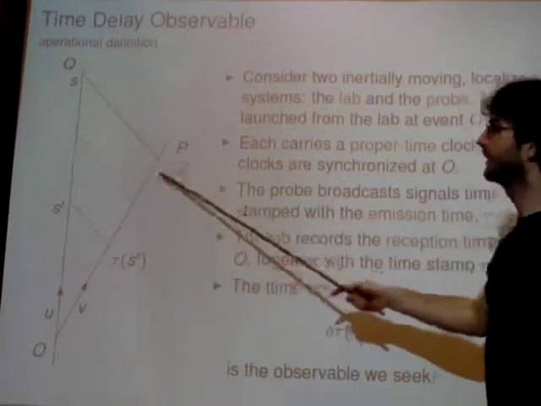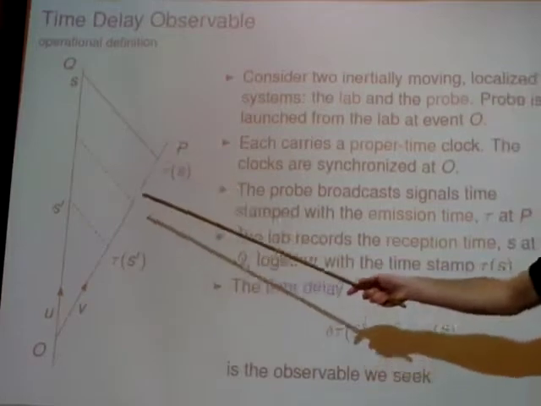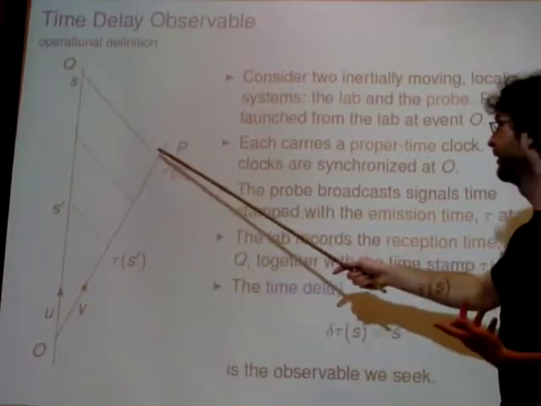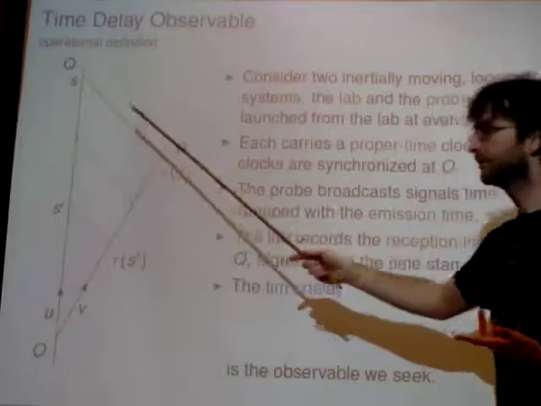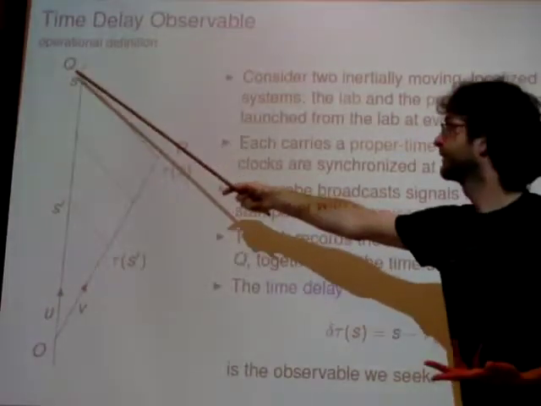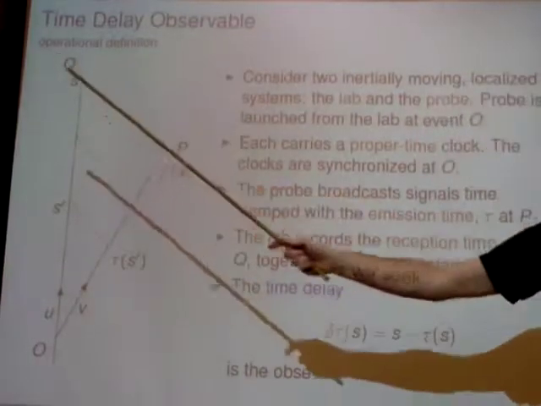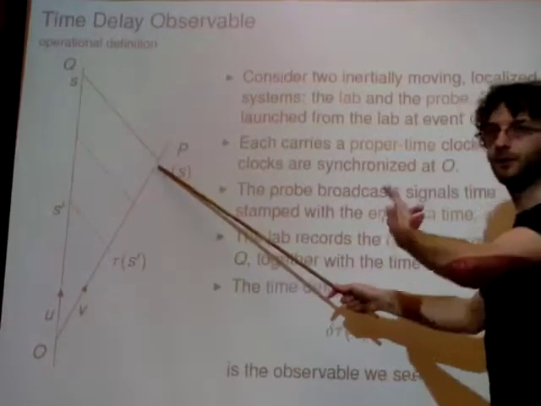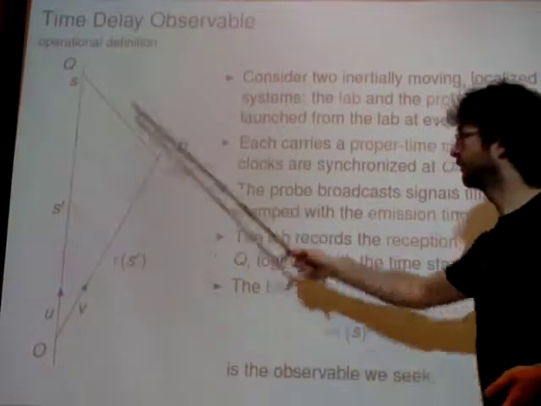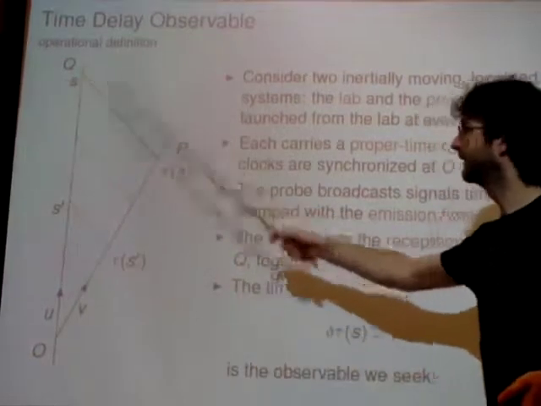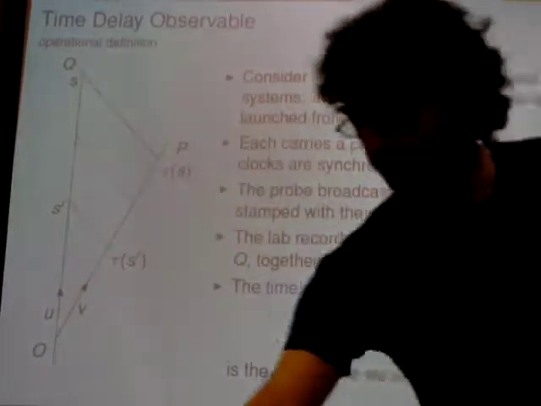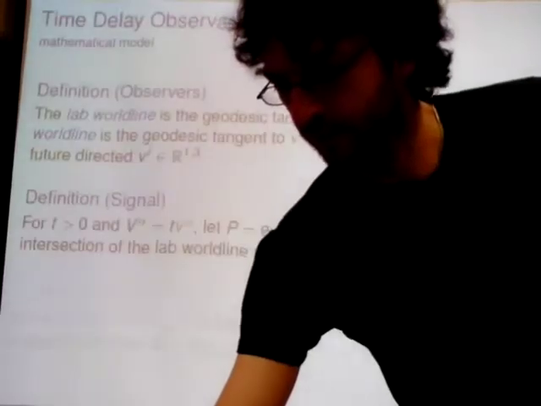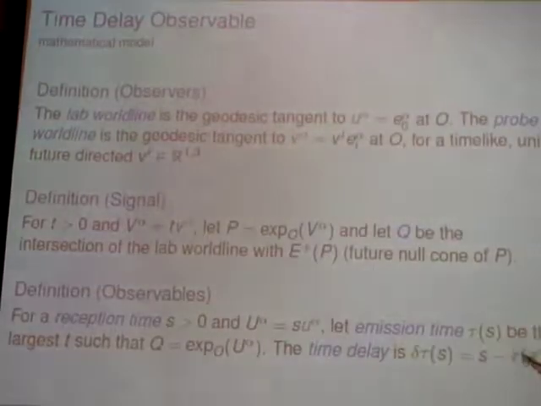So those that are connected by null geodesics correspond to the pairs of emission and reception times. Once I fix a reception time, S, which again goes into the definition of the experimental protocol, the emission time becomes a function of it, and of the ambient geometry. Okay, so this is how I define the emission time, tau of S, and the time delay is just an inference.